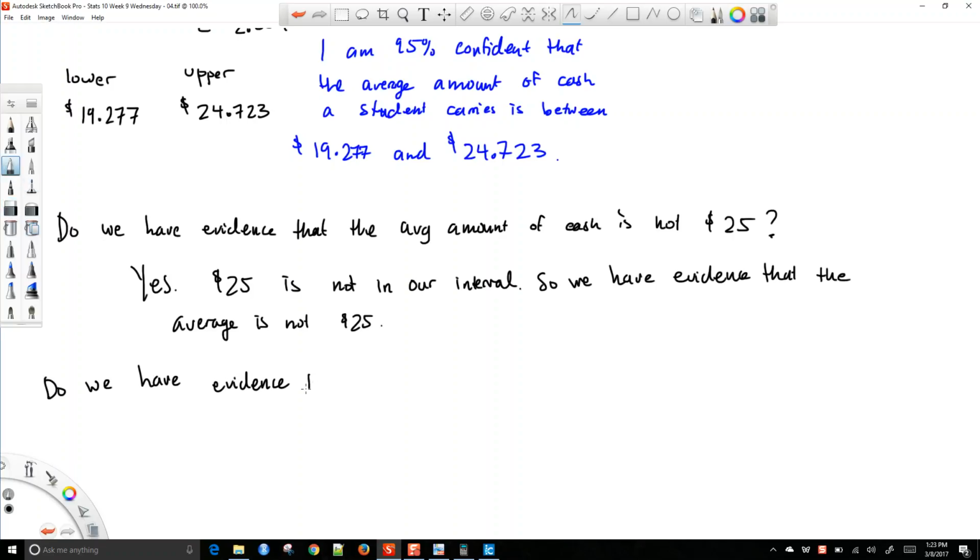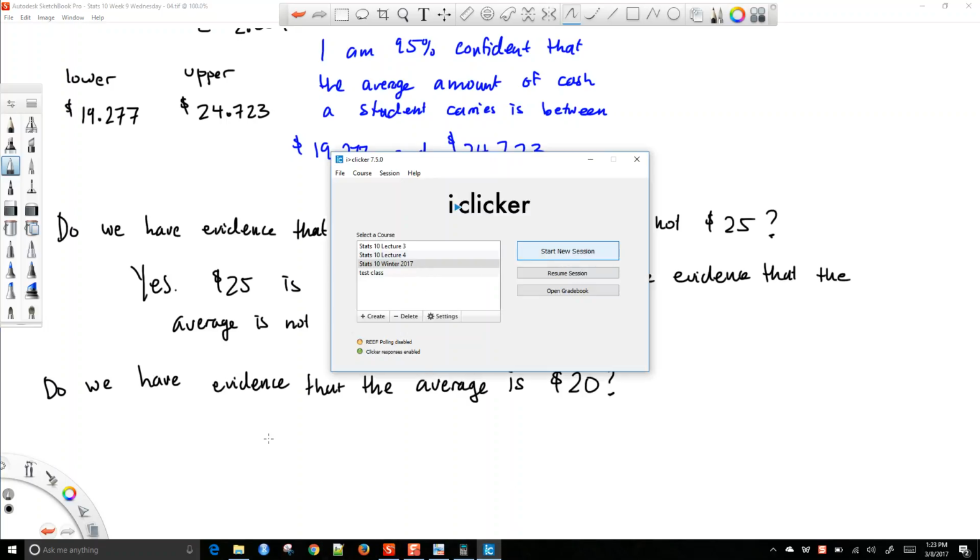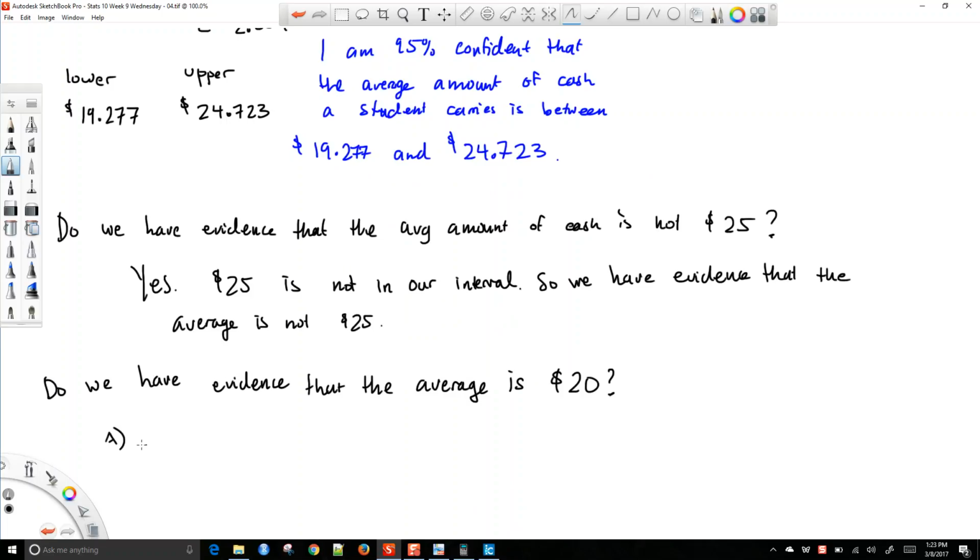Okay, so do we have evidence that the average is 20? Okay, and so I guess we'll make this a question. We'll say A is yes and B is no.